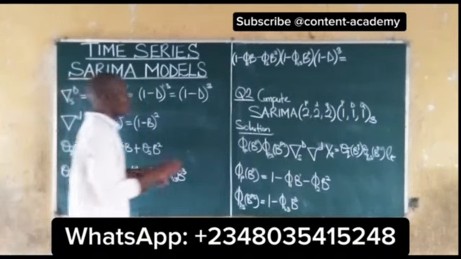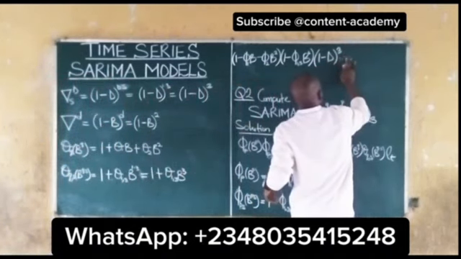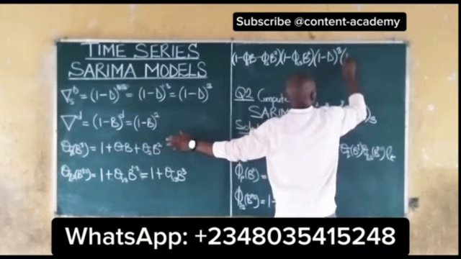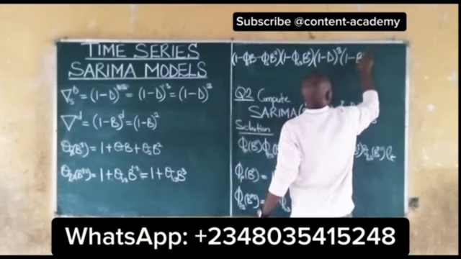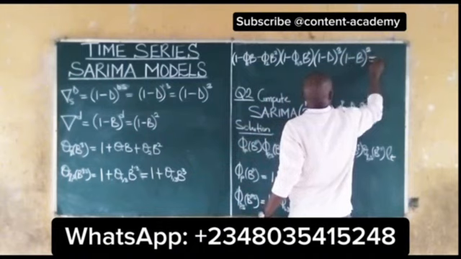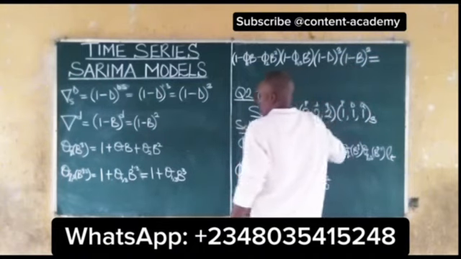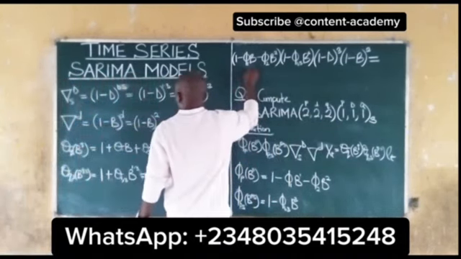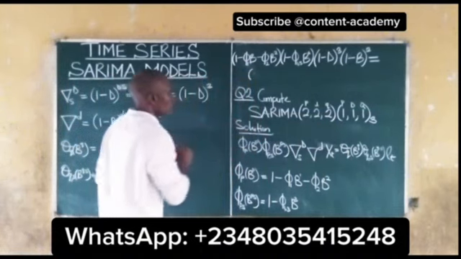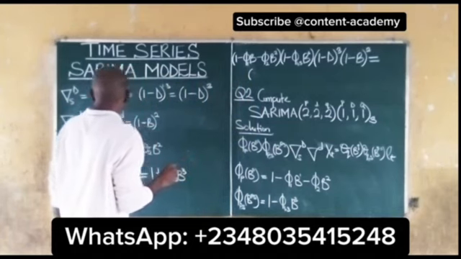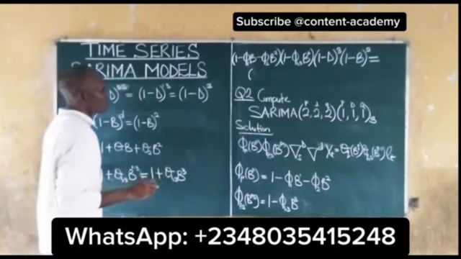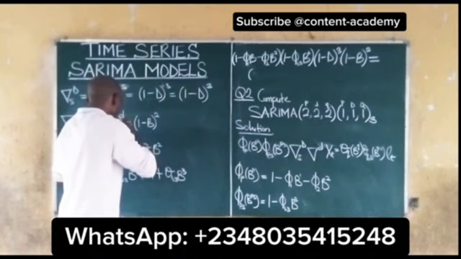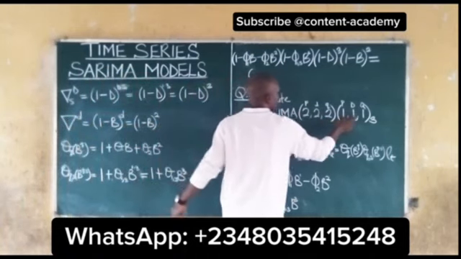now, okay, we still have the seasonal part. The non-seasonal part is 1 minus B squared to be equal to the moving average part. Now we are writing the moving average part. The first moving average part is 2, and the second, the seasonal part, is just 1.